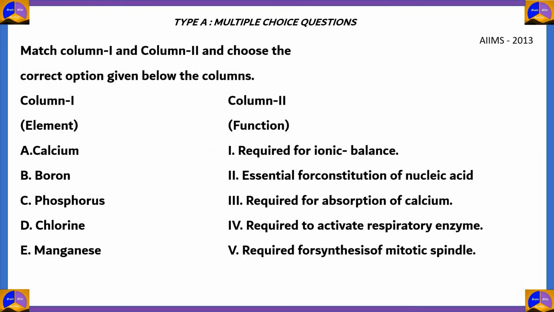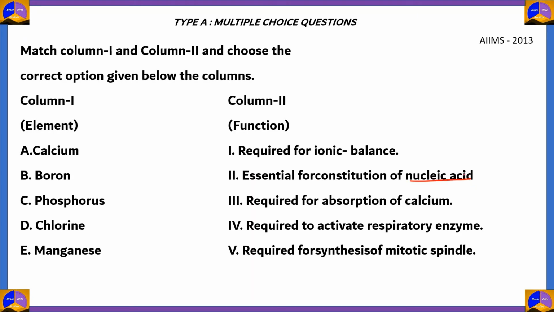We need to find which of these is matched, and we have the following options. Now, over here in Match the Following, it's very important to find the easiest option for you. For me, the easiest option is essential for constitution of nucleic acid.